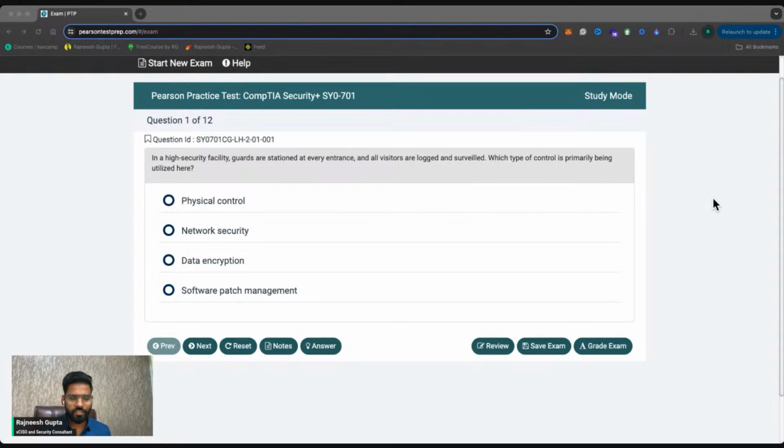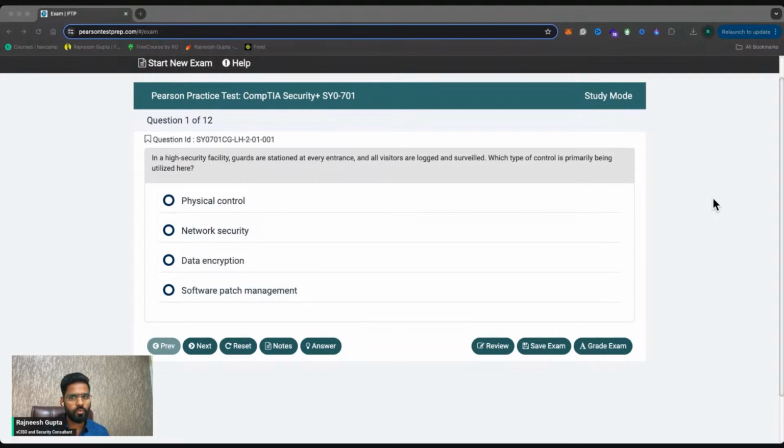So the process will be very simple. We are going to go through the first set of SY0-701. Remember, those who don't know, the Security Plus exam set has five modules, and each of them has different chapters in it. And this is the latest one, SY0-701.